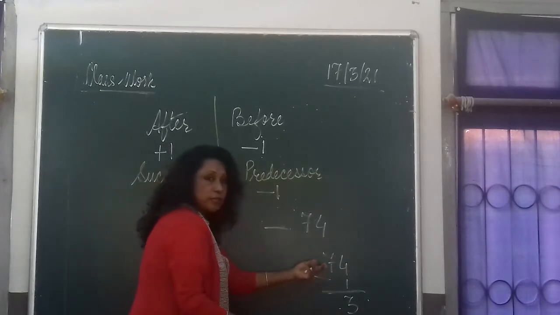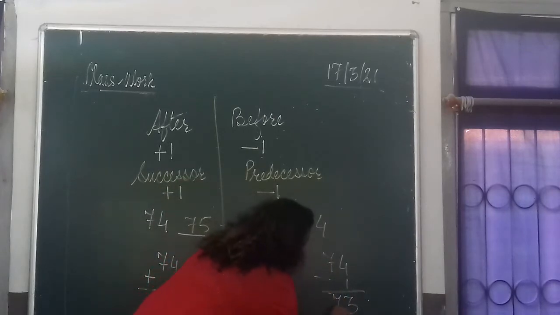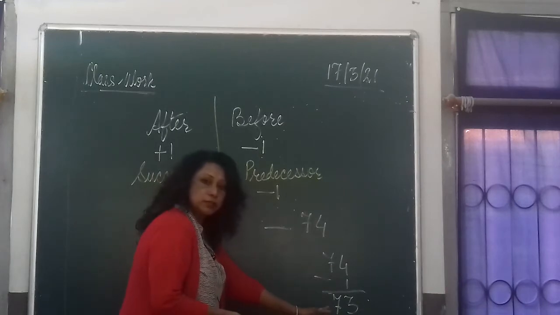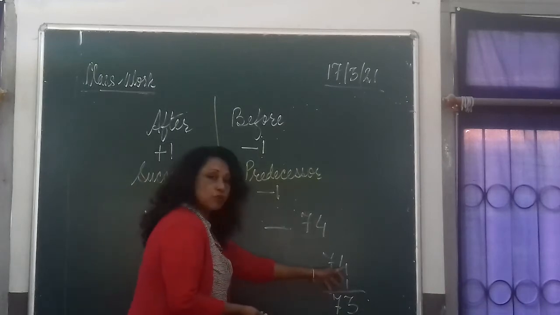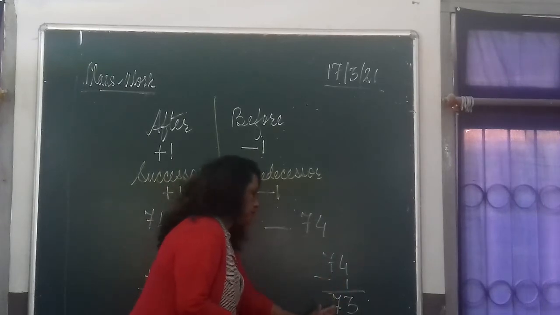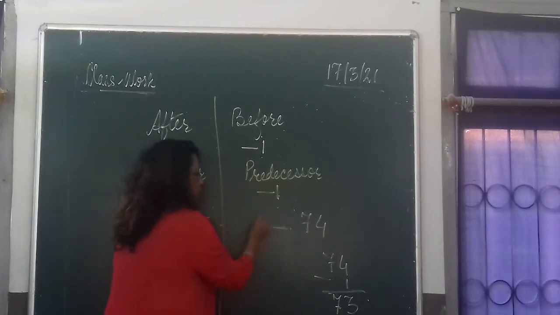And you have 7 sweets and you don't want to give any more. So how many sweets will you have? You will have the same sweets. If you don't want to share with anybody, you will have the same number of sweets. That means you had 74 sweets. You gave away 1. So how many sweets will you have now? 73. So what is the predecessor of 74? 73.